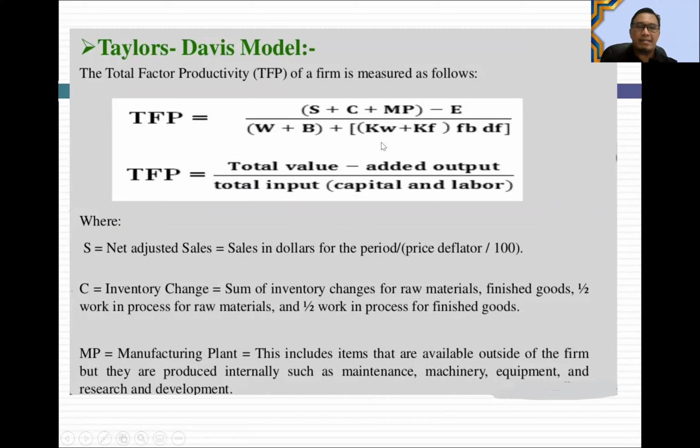In other words, we can say that the total factors productivity is the total value minus the added output, divided by total input. Total input consists of all the capital and the labor. That's model number 4, so remember, model number 4 by Taylor Davis.